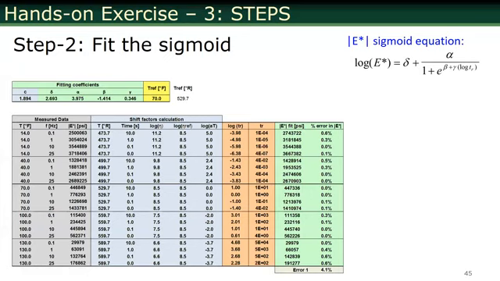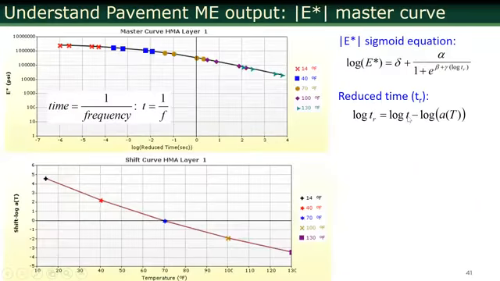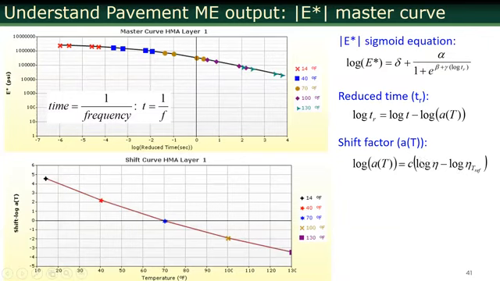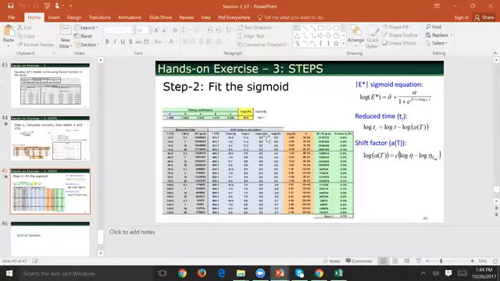Why are we doing this? Because if you go back a few slides, if you remember, the logarithm of viscosity minus the logarithm of viscosity at reference temperature, we need that to calculate the shift factor. So let's go and do that in our Excel sheet.